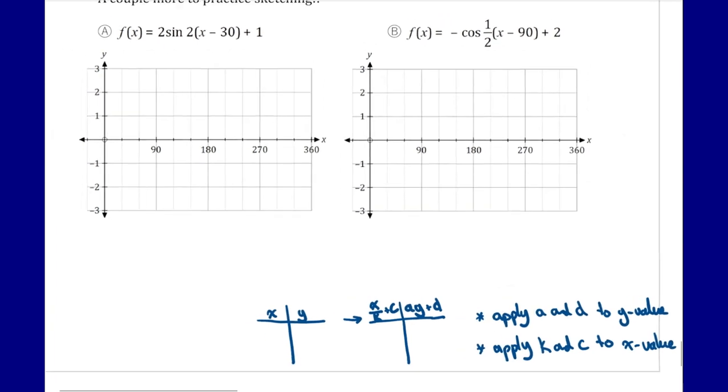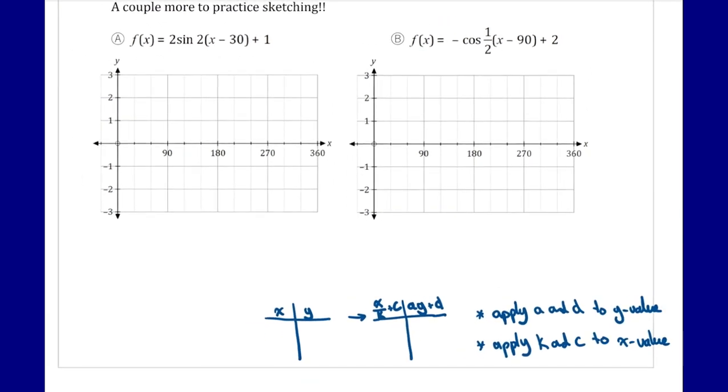So what does that look like? Well, let's go through and look. If I look at my example here, 2 sine 2x minus 30 plus 1, I want to at least figure out what these values are telling us.